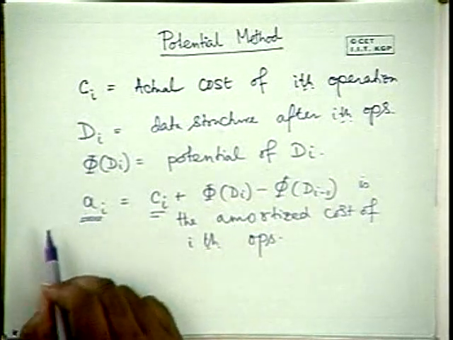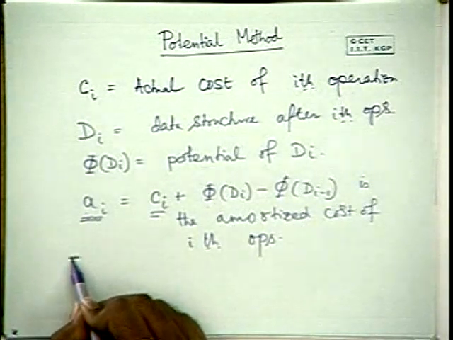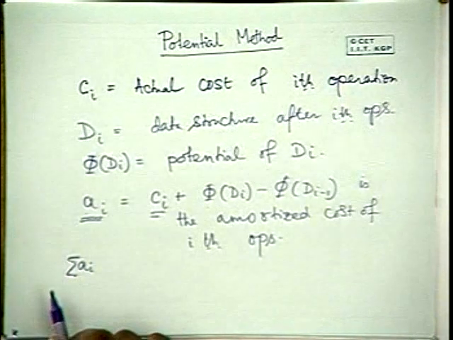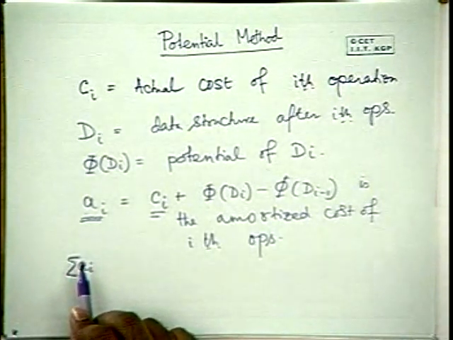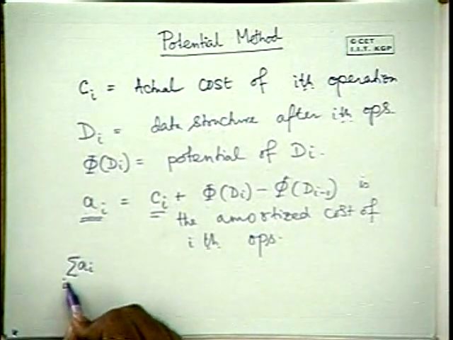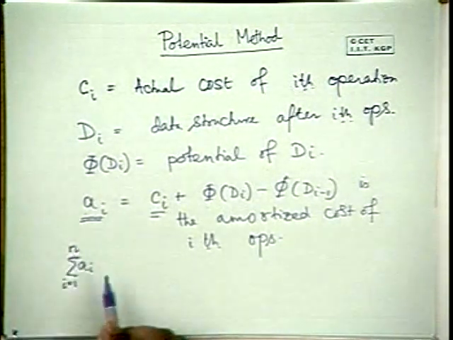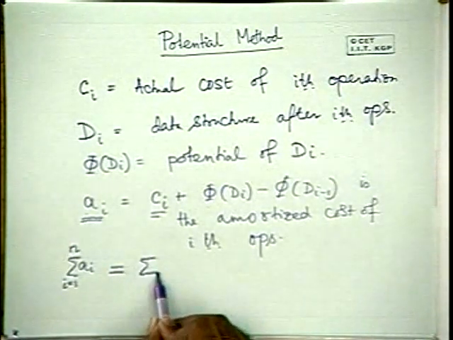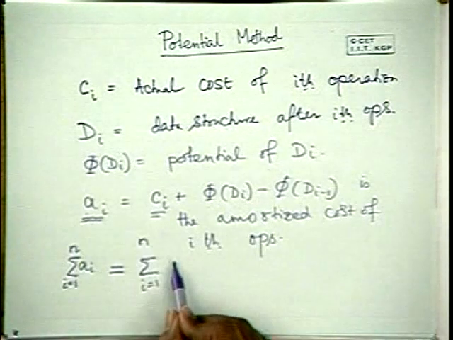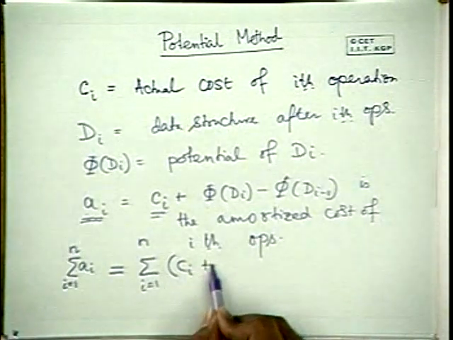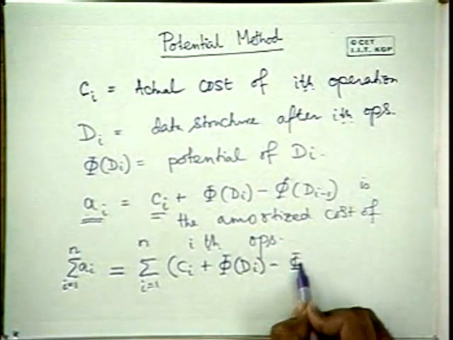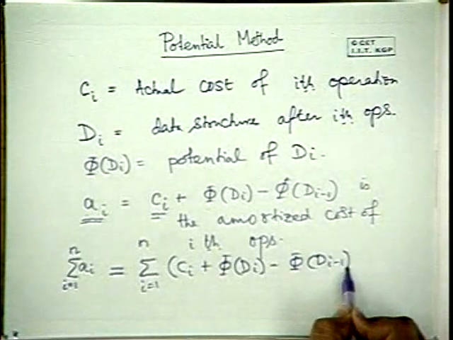Now the main property of this definition of amortized cost is this: if I take the amortized cost over all the operations, so I take the summation of Ai over all n operations, i equal to 1 to n, then by definition this is the summation of Ci plus phi of Di minus phi of Di minus 1.